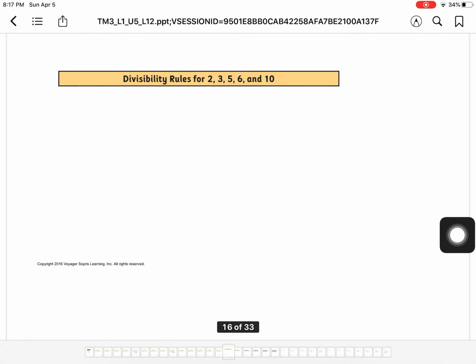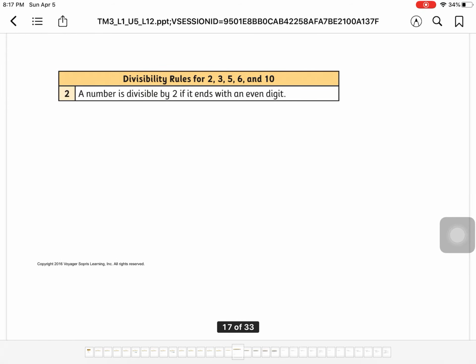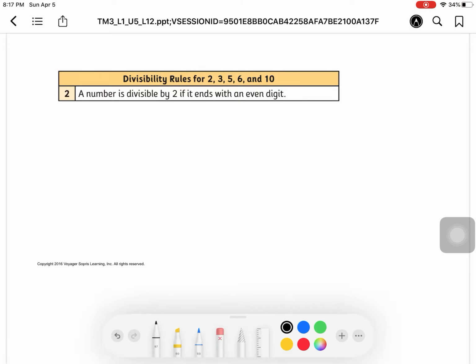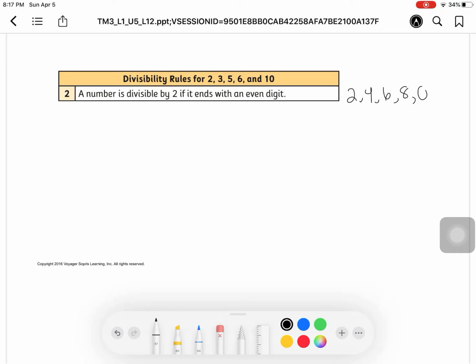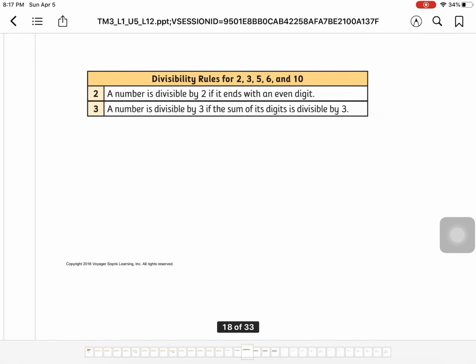Okay, so now all of our divisibility rules we're looking at. The rule for number 2: a number is divisible by 2 if it ends with an even digit. Remember, even digits are 0, 2, 4, 6, and 8. Those are all even, okay?